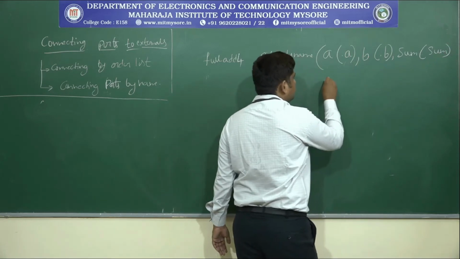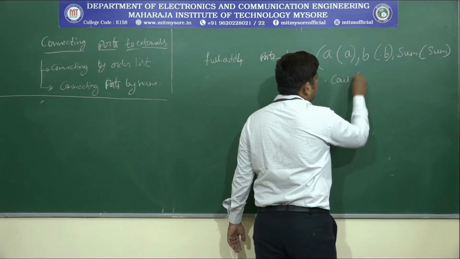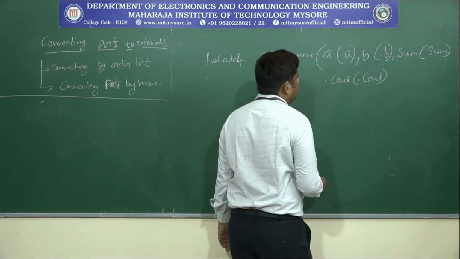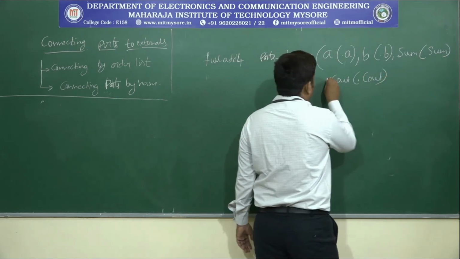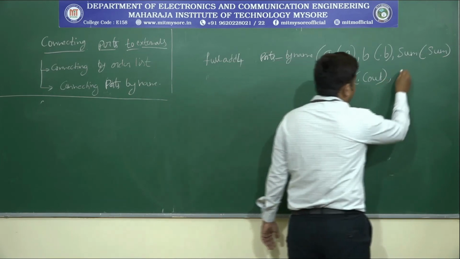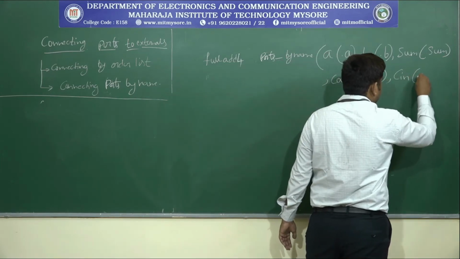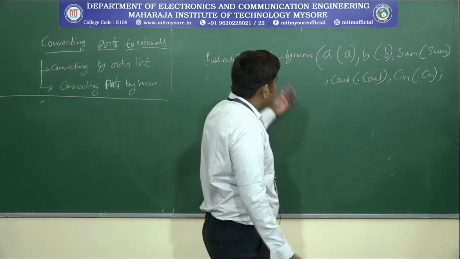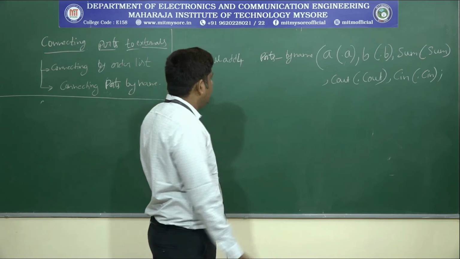Then after this C out, you represent dot C out. Then the last one, C in, represent dot C in. This is the representation by name.